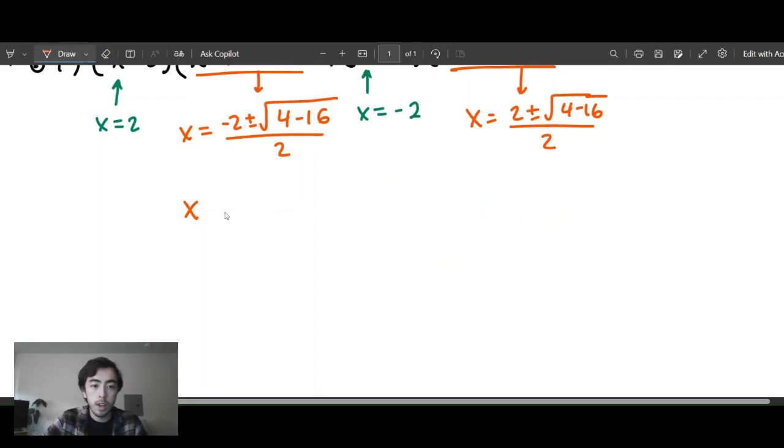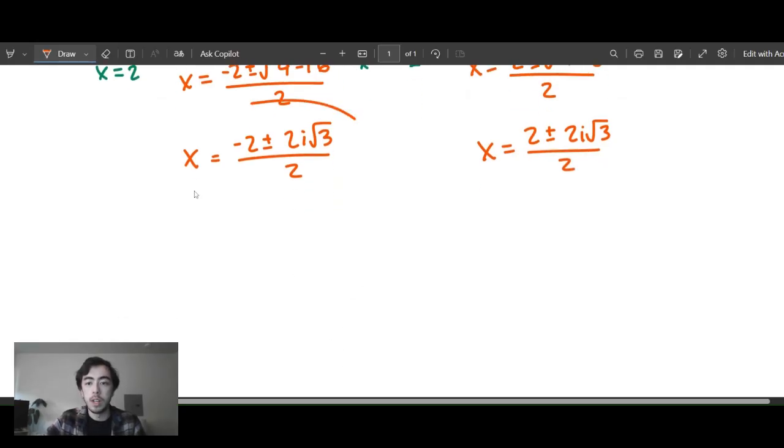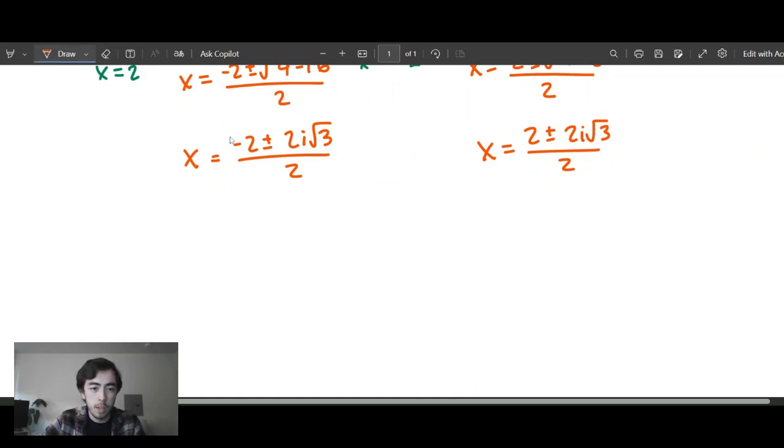So I'll rewrite the fraction like this, plus or minus 2i root 3 over 2. And then it's the exact same square root over here, so I'll just do another 2i root 3 over 2. And then we have two solutions here and two solutions here. And actually, let me simplify them just a touch. x could be equal to, well, why not, I'll write it like this: plus or minus 1 plus or minus i root 3.